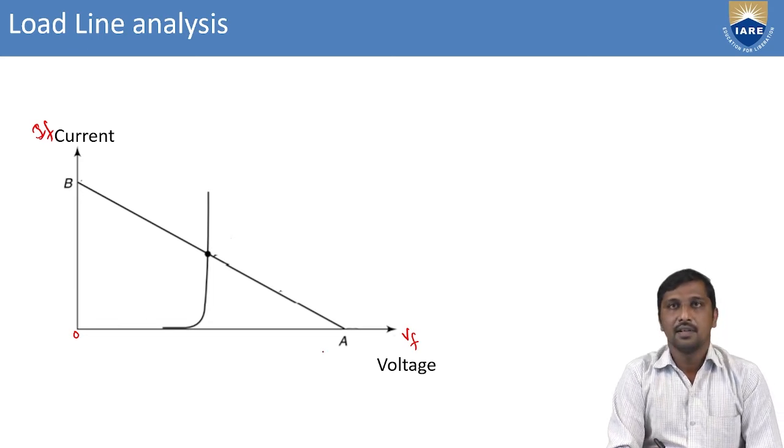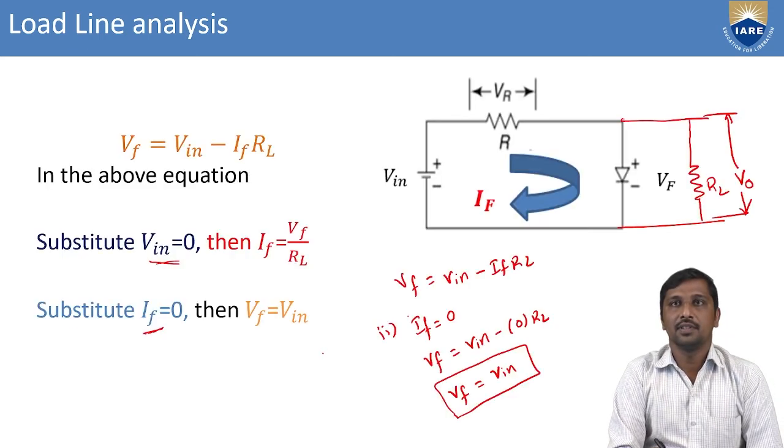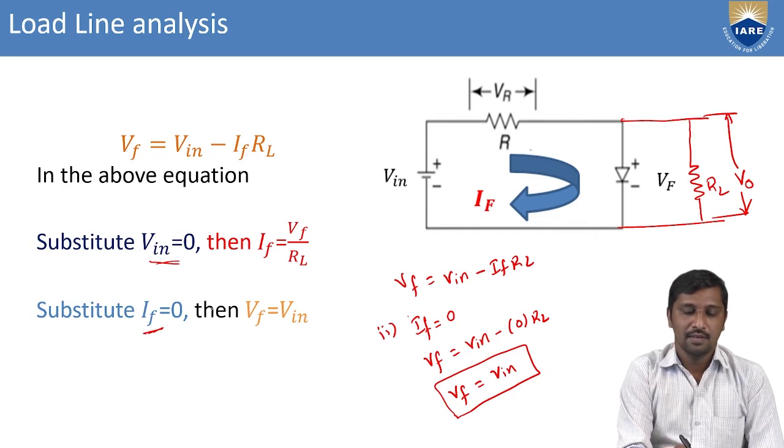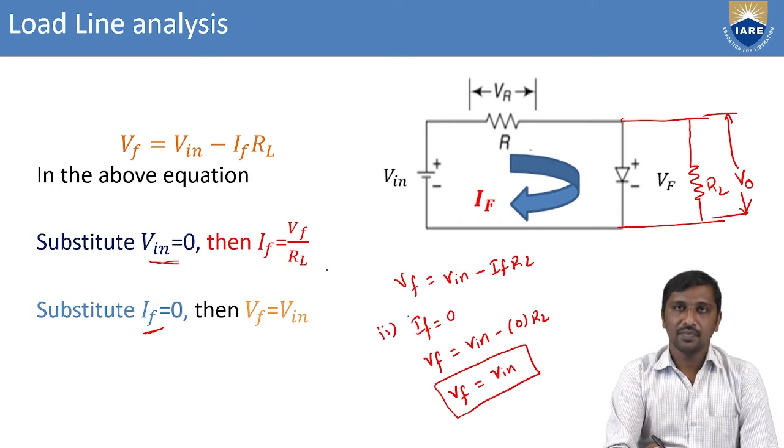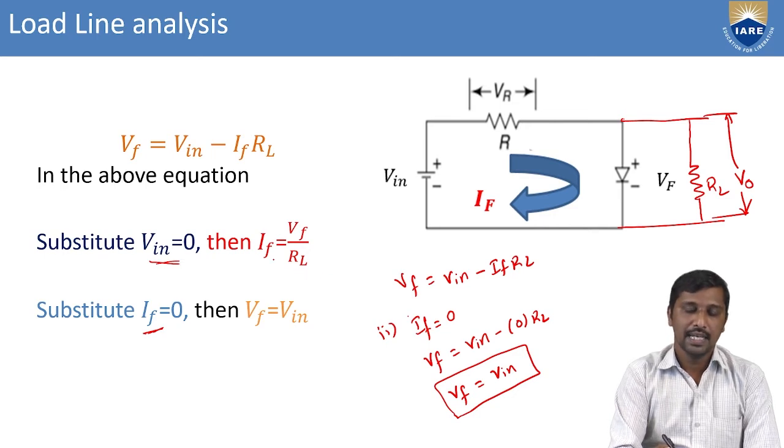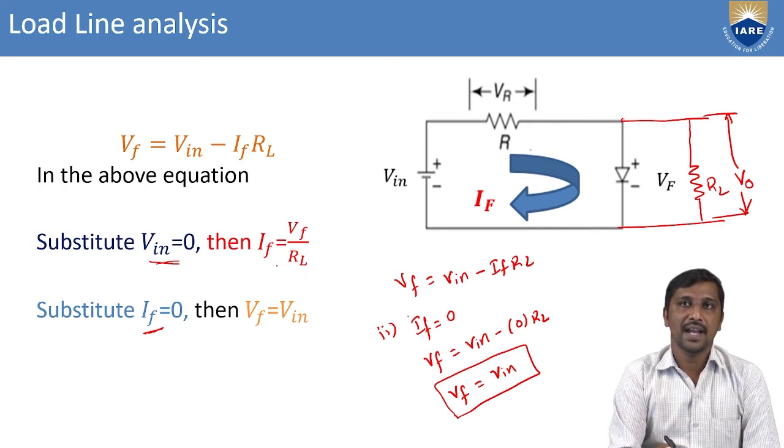Let us assume that in the first case, when Vin is 0, where these are the 2 points, when we substituted Vin as 0, we observed that the maximum current is the ratio of Vf to RL. So at this point, this current is represented as the maximum current.